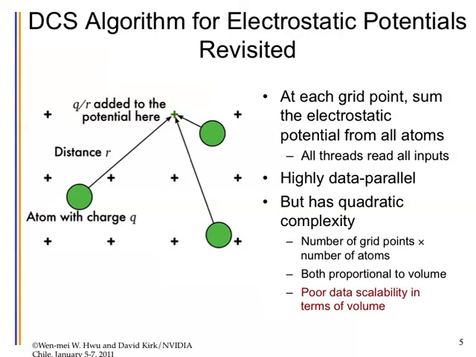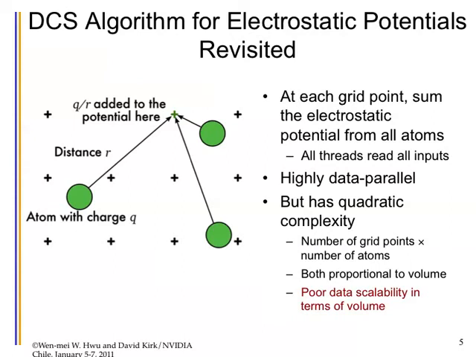So let's go back to the direct Coulomb summation algorithm. I promised I'd come back to this problem 2 days ago, so this is where we are. Remember we have these energy potential points, and we have these atoms. At each grid point, we want to sum the contribution of these atoms to the grid point. It's highly data parallel, but it has a quadratic complexity.